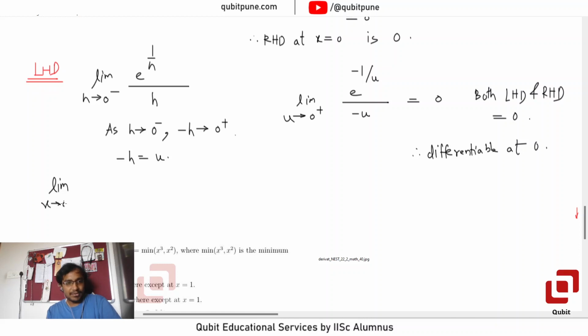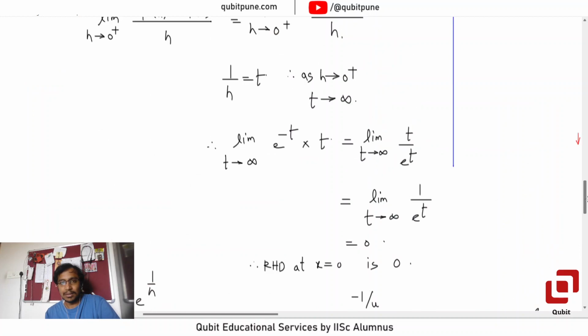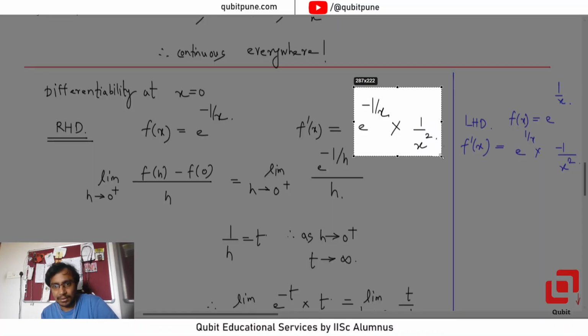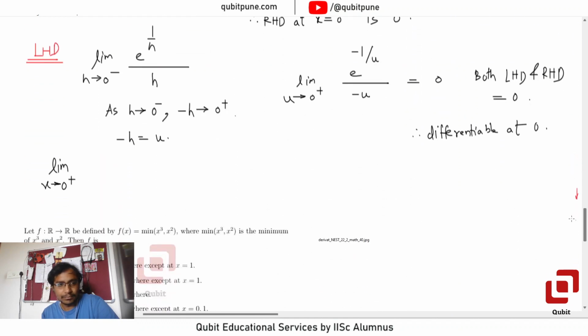Limit as x tends to 0 plus, this one. Look here, for this also I can use the substitution 1 upon x tending to infinity.